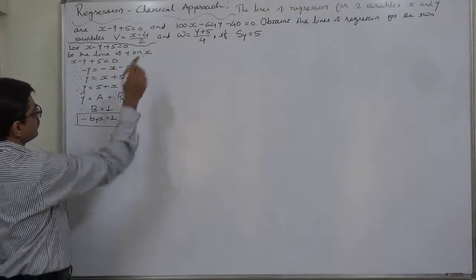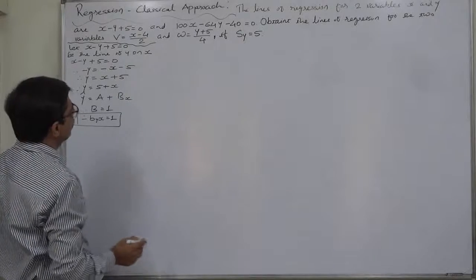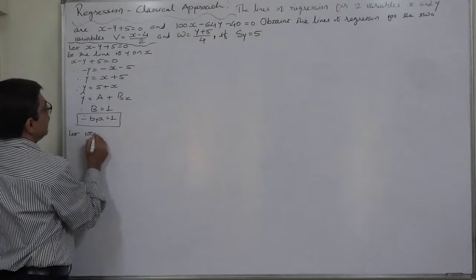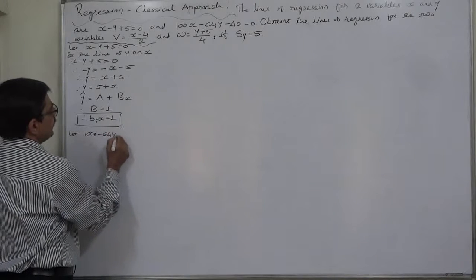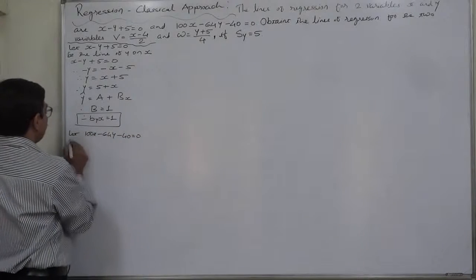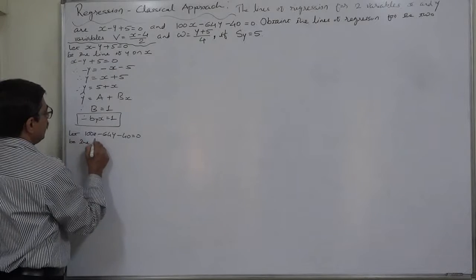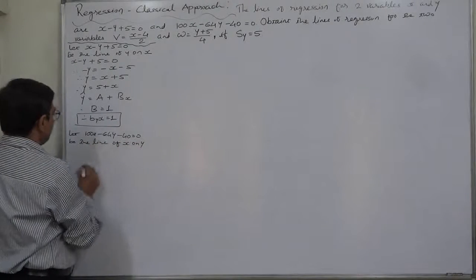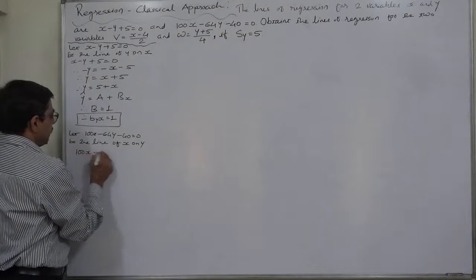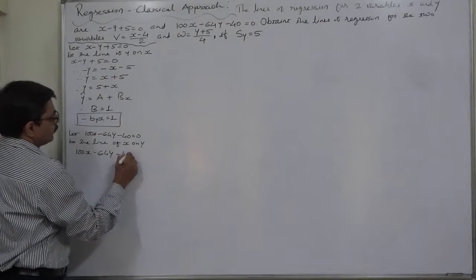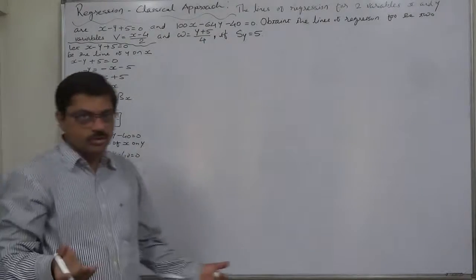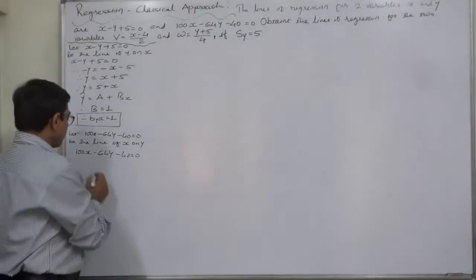Now, the other equation automatically becomes the line of regression of x on y. Let 100x minus 64y minus 40 equals 0 be the line of regression of x on y. In this case, x should be the subject of the equation.